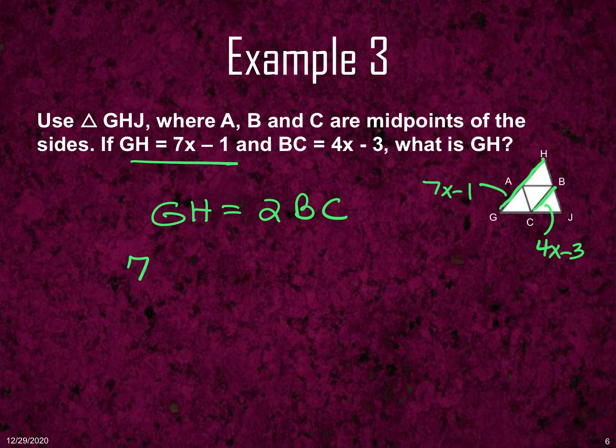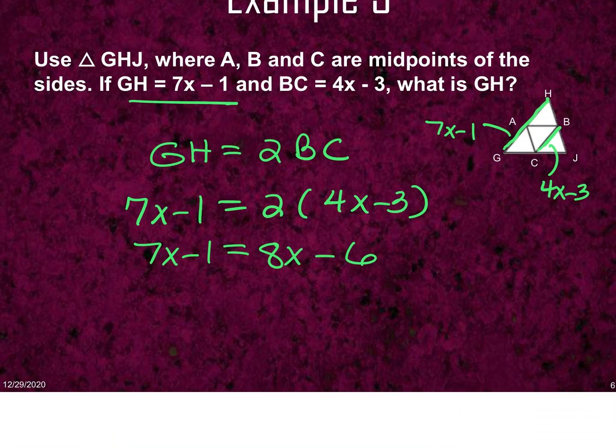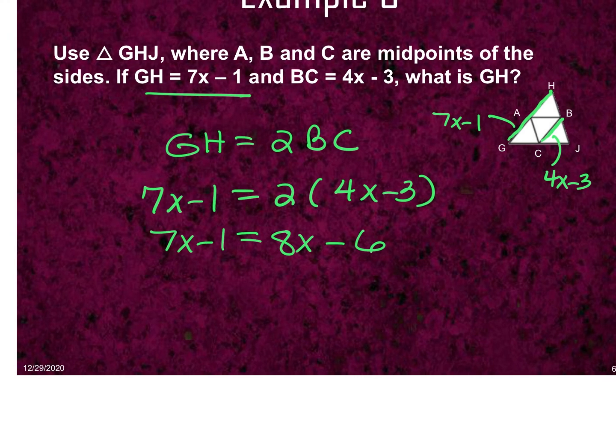So GH is 7x minus 1. BC is 4x minus 3. I'm going to distribute the 2. I get 8x minus 6. Let me drop down the left side. And now I need to solve for x. And then once I get x, I've got to plug it back in.